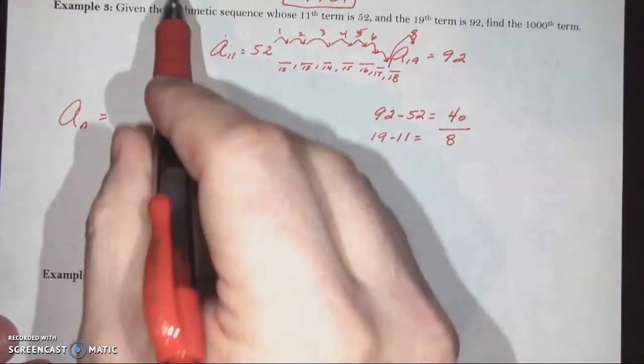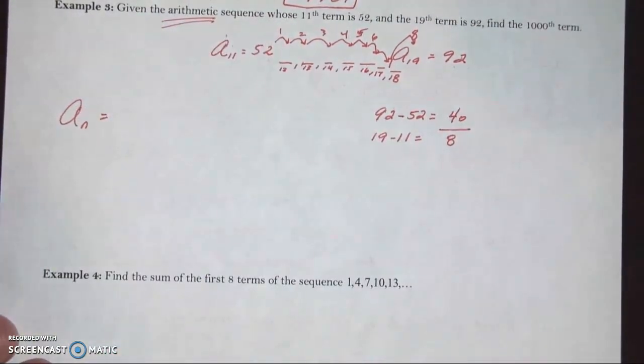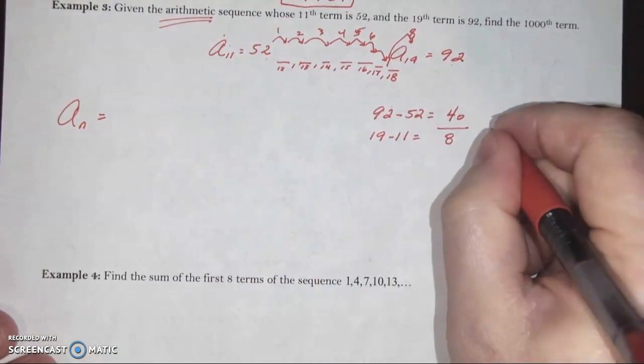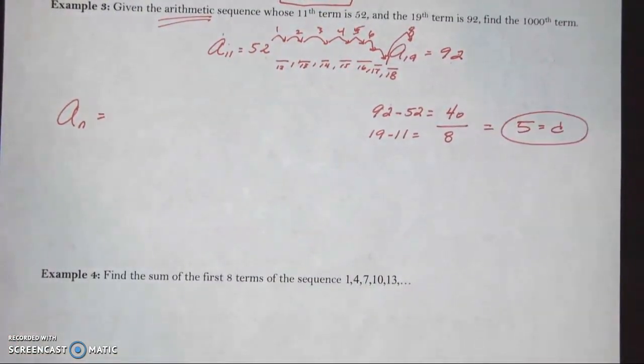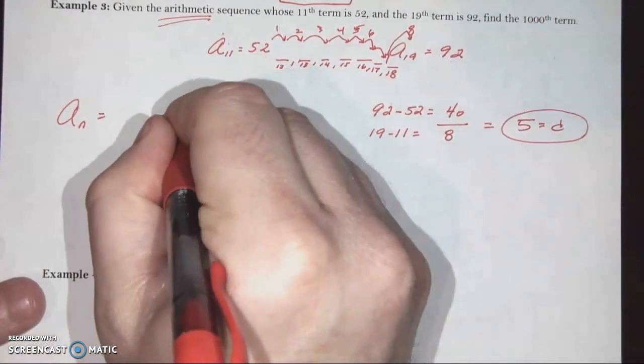We know it's an addition because we were told that it's an arithmetic sequence. If I divide this, that will give us 5, which happens to be our common difference. So 5 is our common difference, and we're going to have a 5 times an n minus 1.